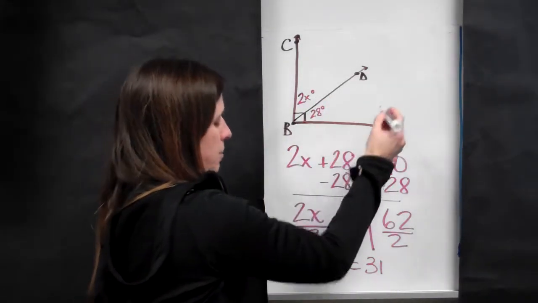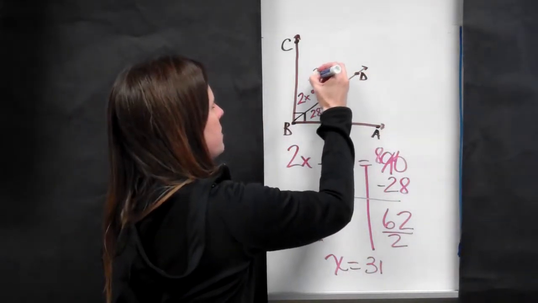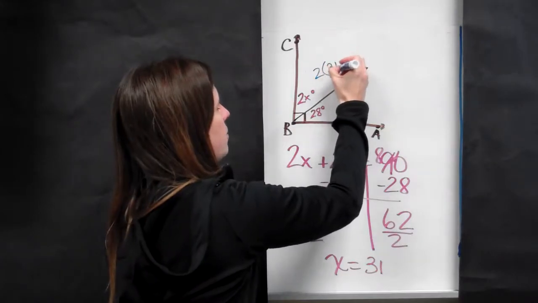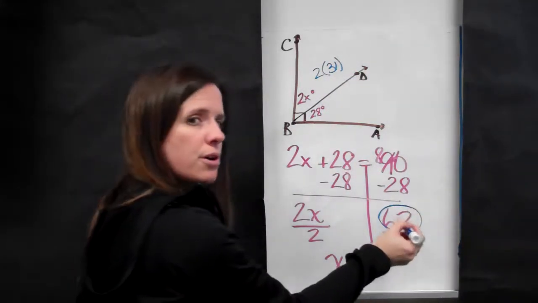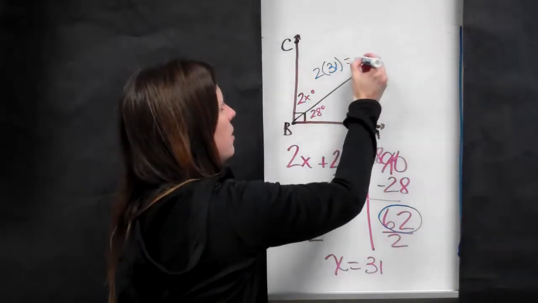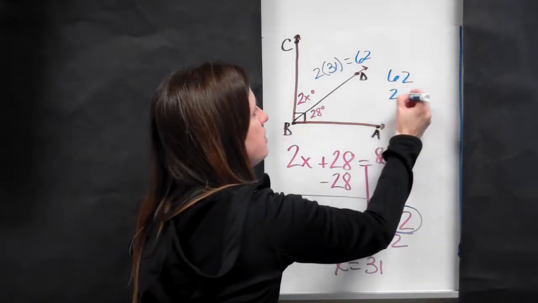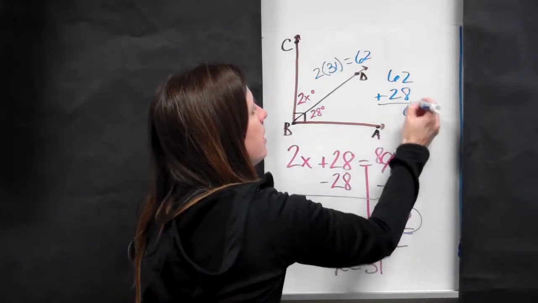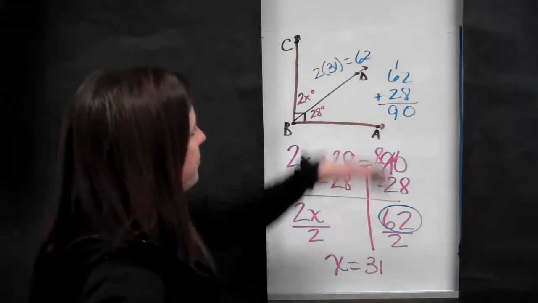We'll check that by putting it back in to our picture. And instead of 2x, we'd say 2 times 31. And we know 2 times 31 is 62, back here to this part of solving for x. And then we have 28. So if we do 62 plus 28, that should equal 90, our complementary angle, which it does.